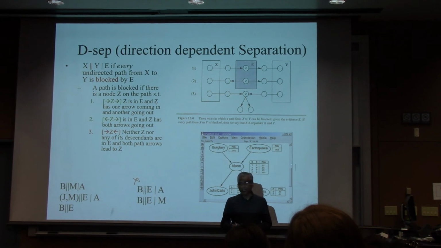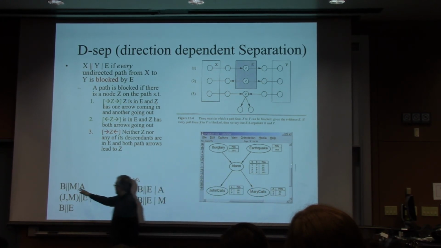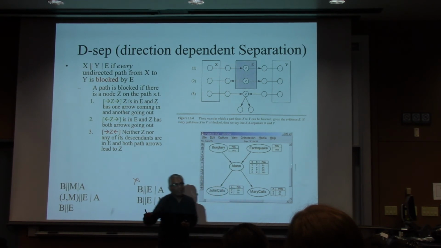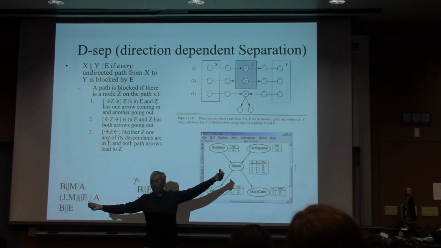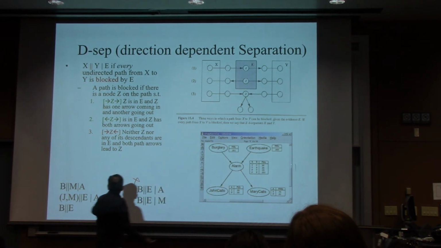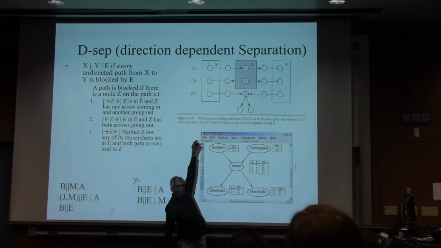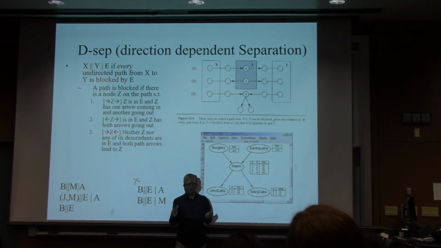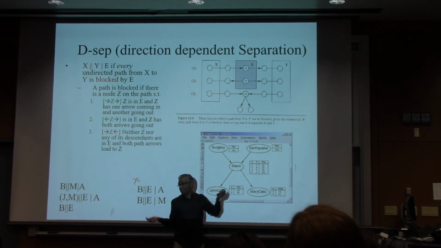So in checking this, you can think of independence as removing nodes from a graph and seeing if the two other vertices become disconnected. So I would say burglary is independent of Mary given alarm, because if I remove alarm from the network, there is no way of going from burglary to Mary calling using the edges. You see what I'm saying? So that's why Mary calling is independent of burglary given alarm.